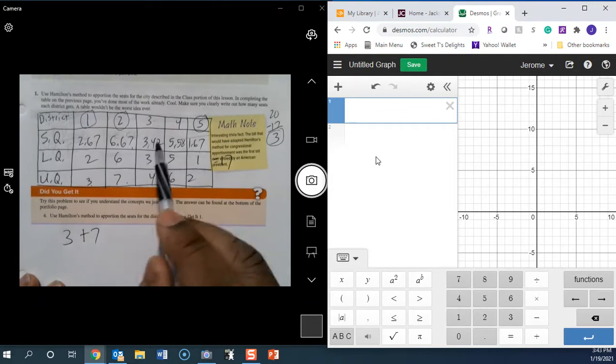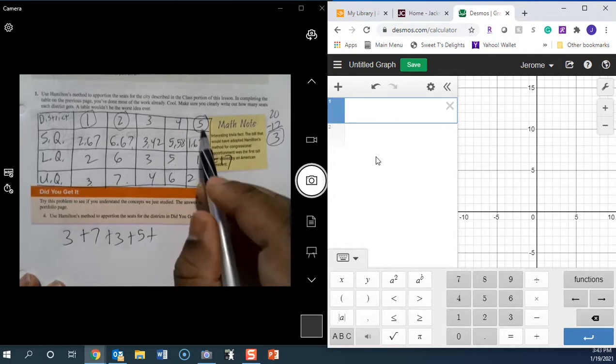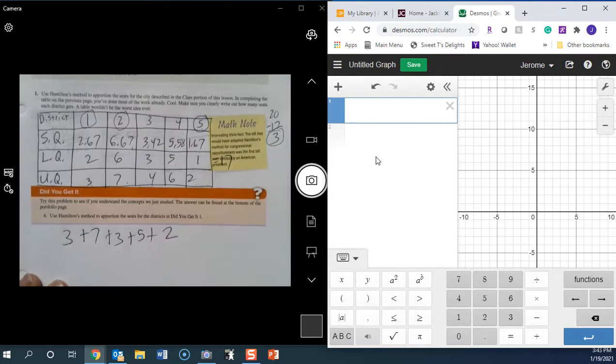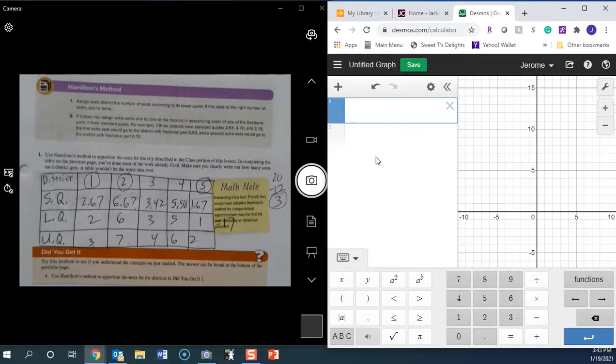District 3, you would just use its lower quota. District 4, you will use its lower quota. And District 5, you will use its upper quota. So now when we add these up, 3 and 7 is 10, 13, 18. This will give us 20. Okay, now, that is the Hamilton method.